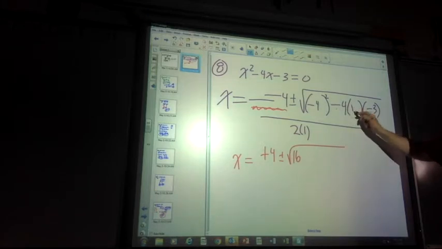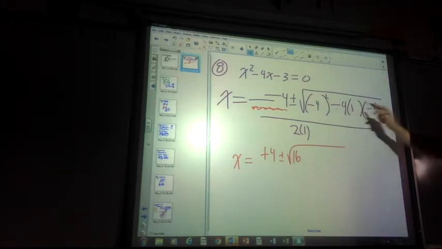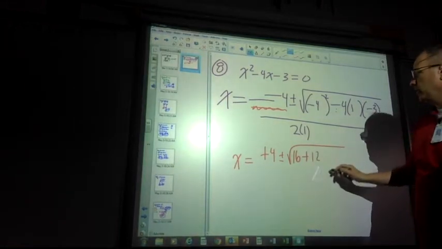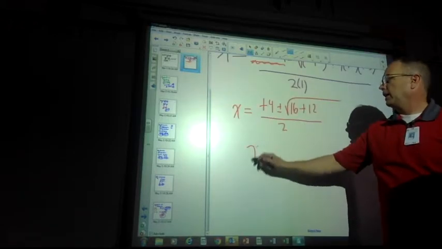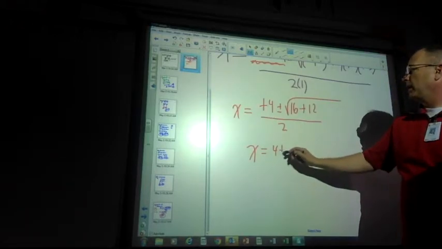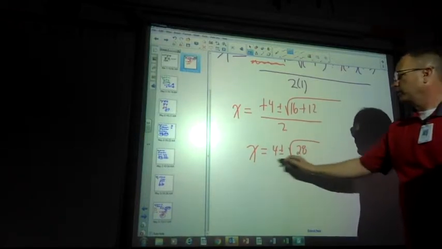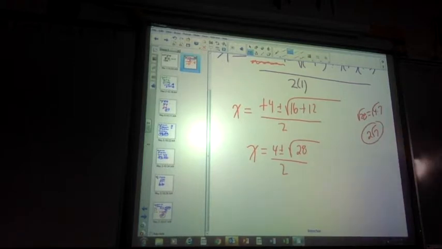All right, -4 times 1. -4. -4 times -3. Positive 12. All over 2. Okay, so I get x equals 4 plus or minus, add those together, that's what, 28? I think 28 is going to break down to 4 times 7, which is going to be 2 root 7. Where do I put that 2 root 7?